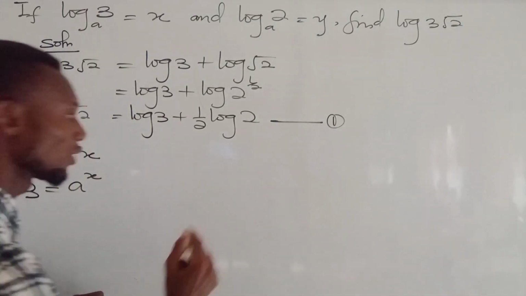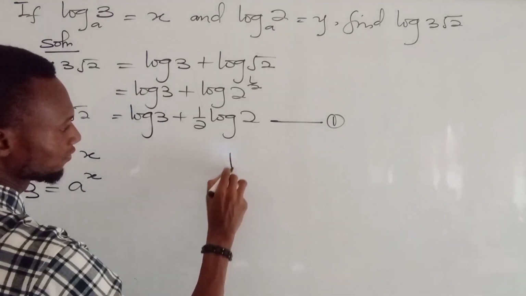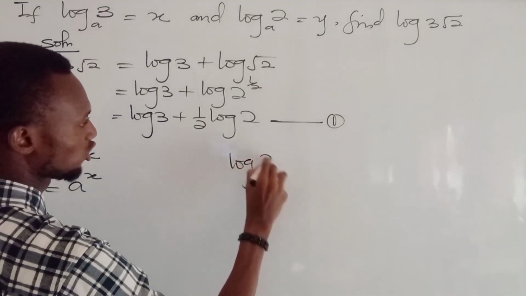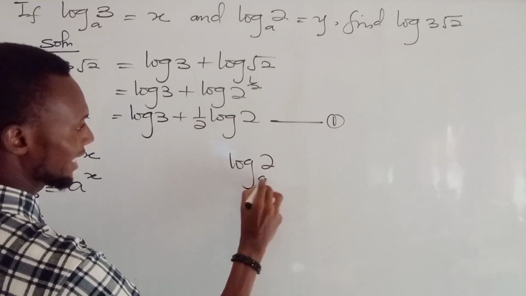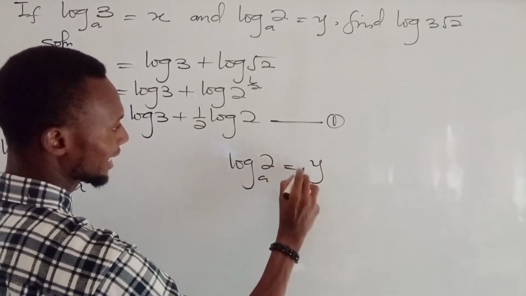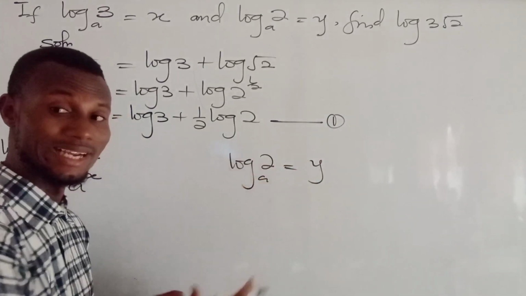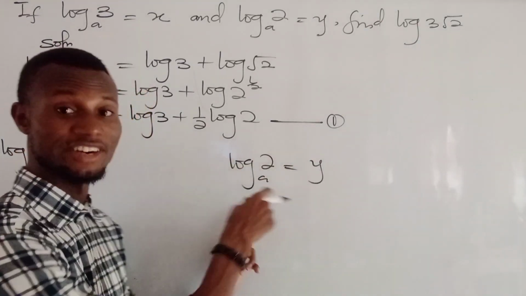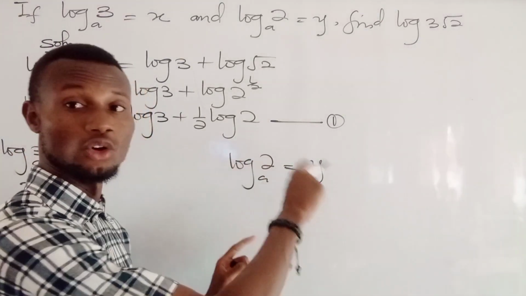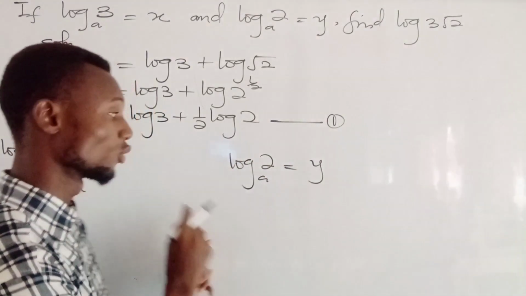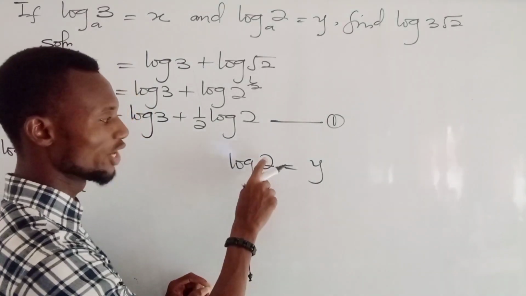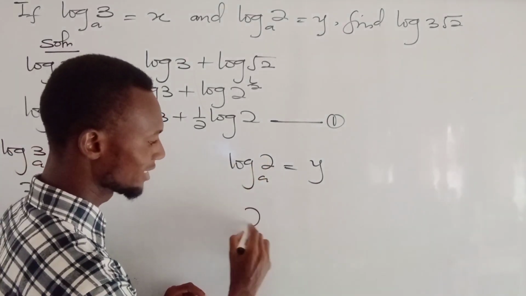So when we have something like this, let's say I have log 2 base a equals y, and I want to write this in a way that there's no more logarithm sign in it. What I'm going to do is maintain this 2 and write it there.